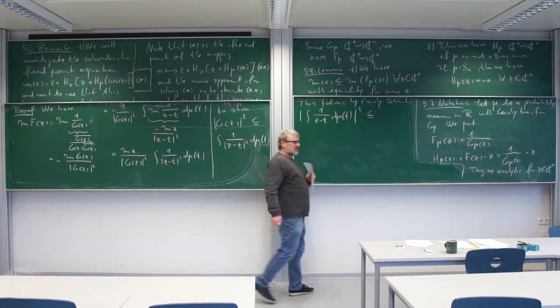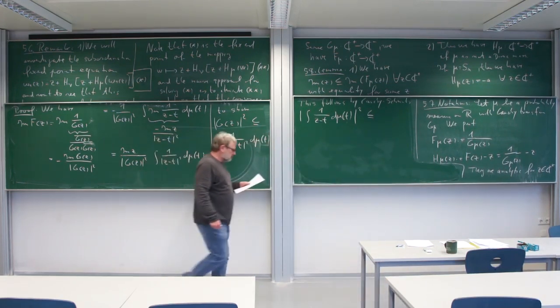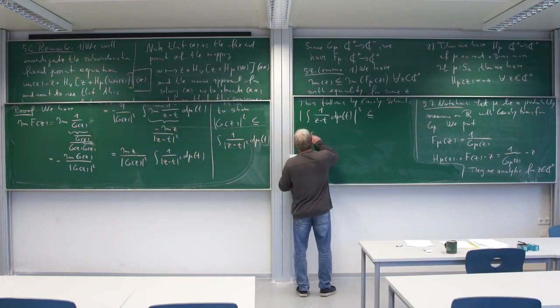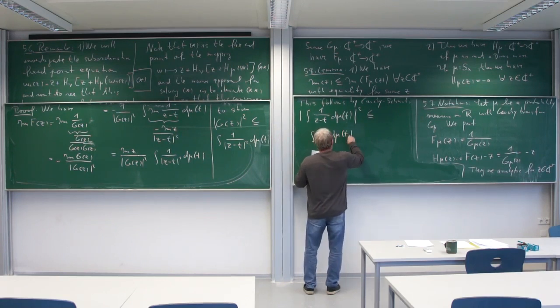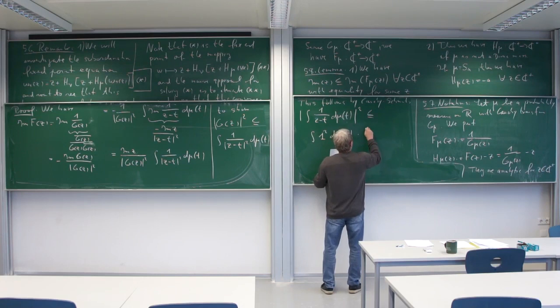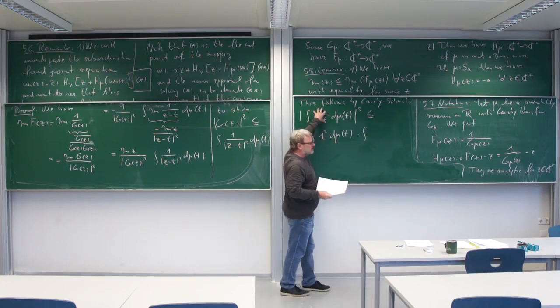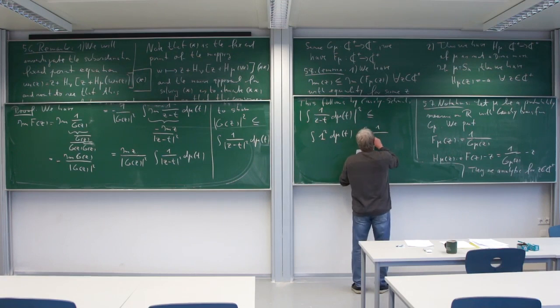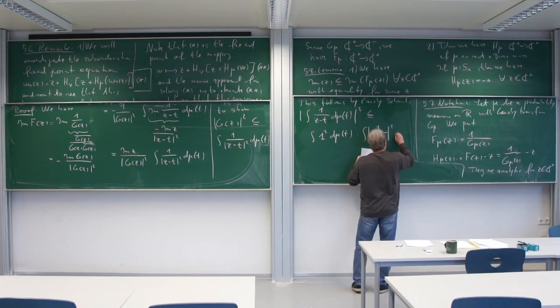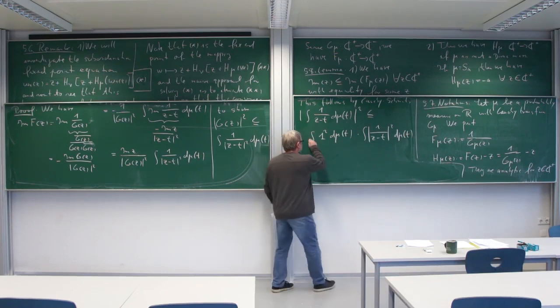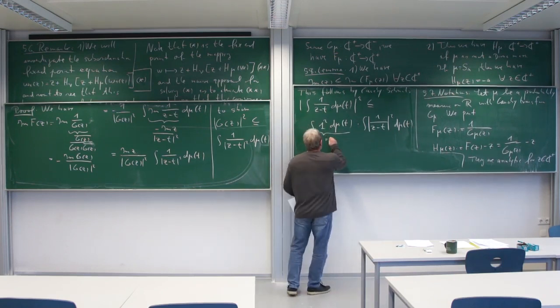So Cauchy-Schwarz for the L2 space of mu says that this is less or equal than the integral of 1 squared d mu times the integral of the square of this. So here I'm writing this as 1 times this, and then I'm estimating it against the square of 1 and against the square of this. And of course, mu is a probability measure, so the integral of the function 1 is just 1.